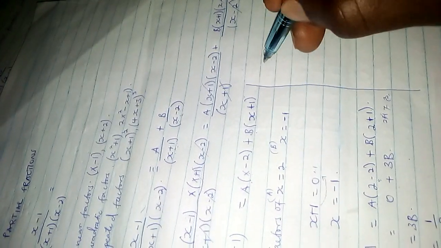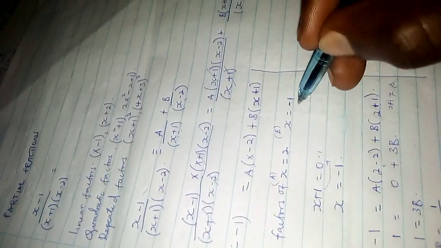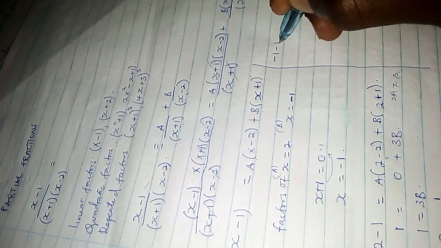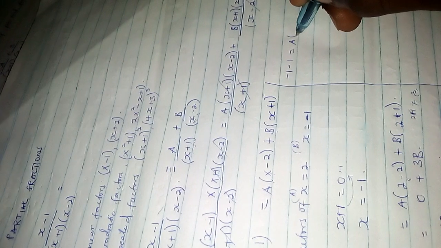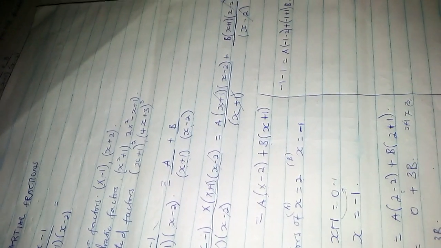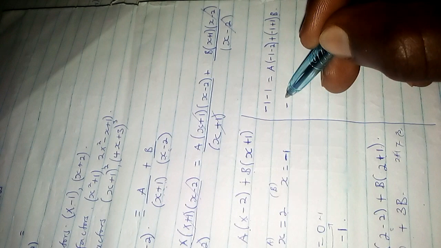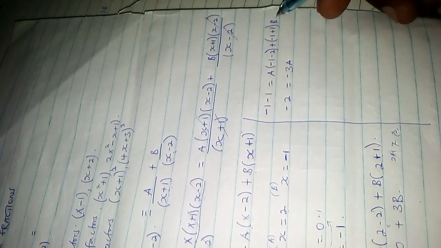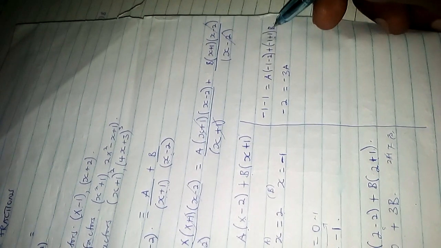So let us look at a. For the side of a, we put x equals minus 1: minus 1 minus 1 equals a times (minus 1 minus 2) plus (minus 1 plus 1) times b. That is minus 2 equals minus 3a, plus 0, because minus 1 plus 1 equals 0, and 0 times b is 0.